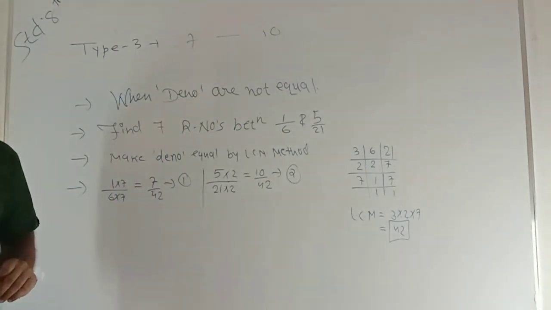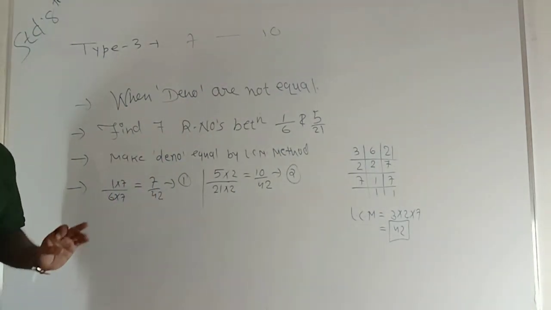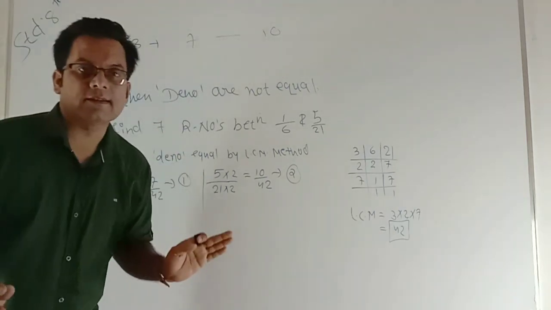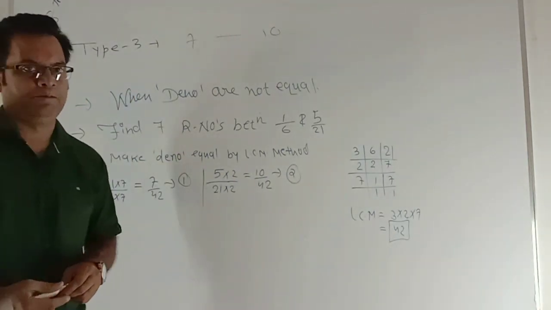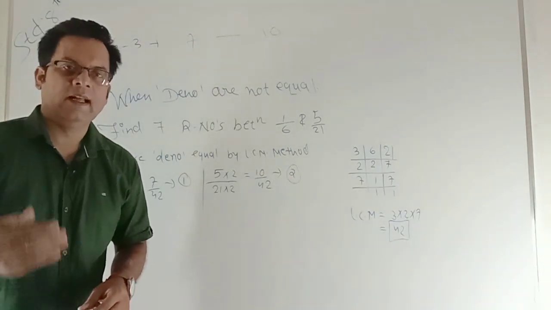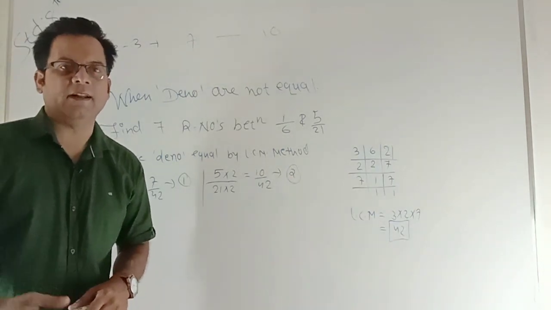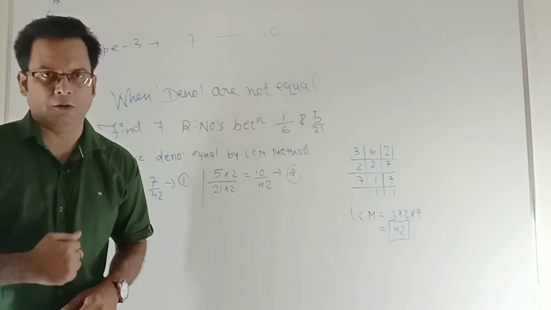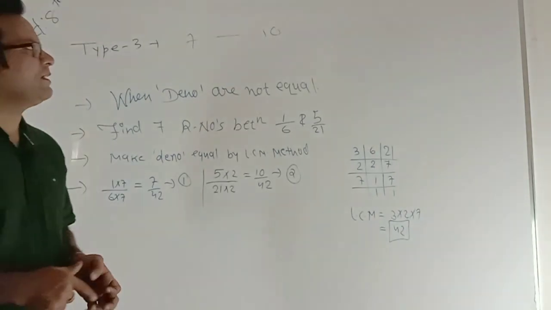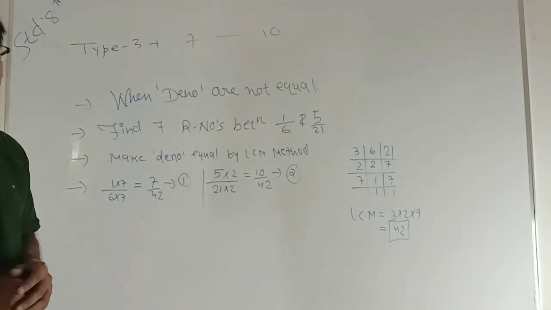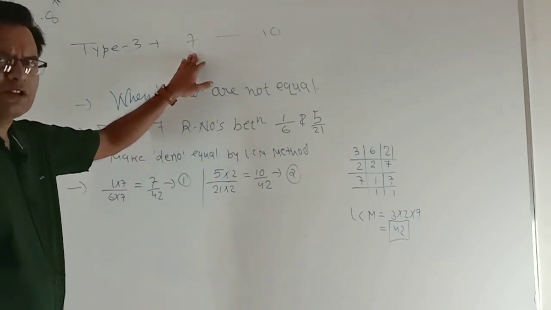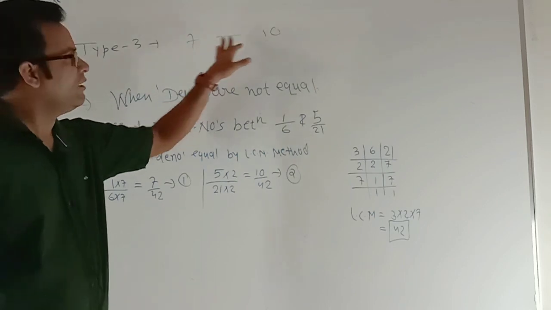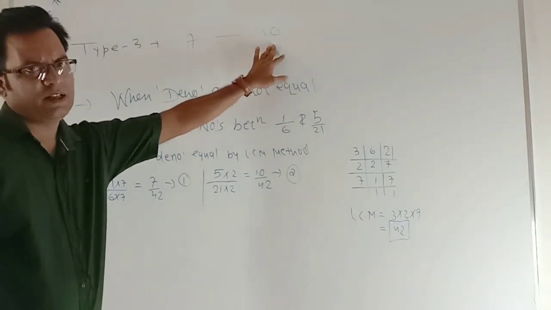Now what to do? In this case, you have to take certain multiplier, means you have to multiply your numerators and denominators with 2, 3 or 4. Now in this case, see, first of all we should do oral calculation. Suppose if we multiply with 2, then here it will be 14 and here it will be 20.